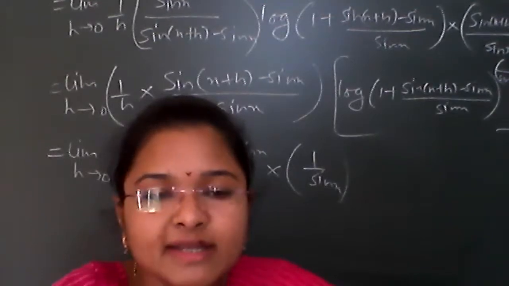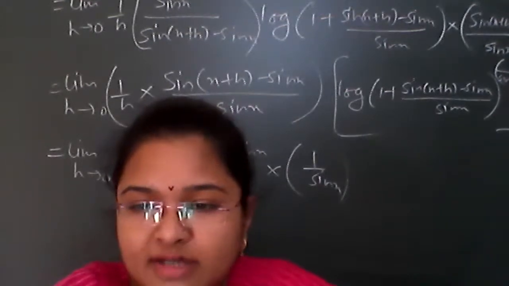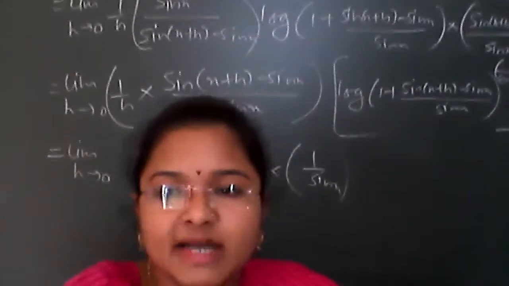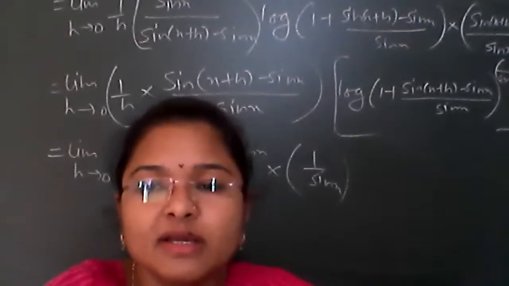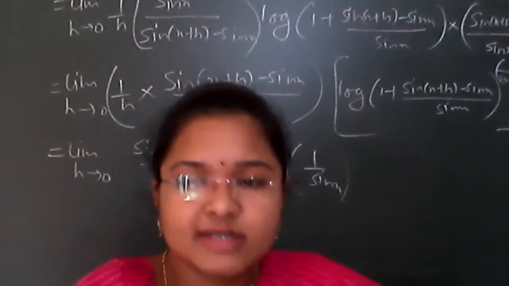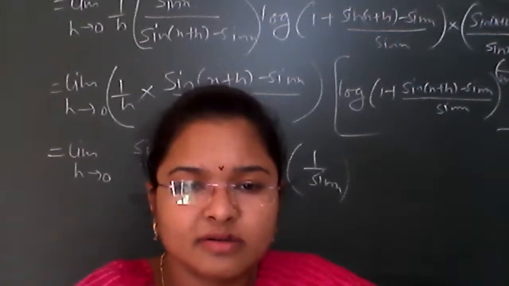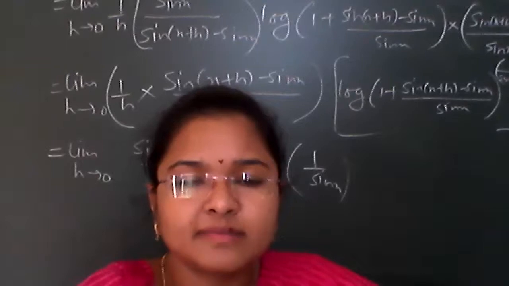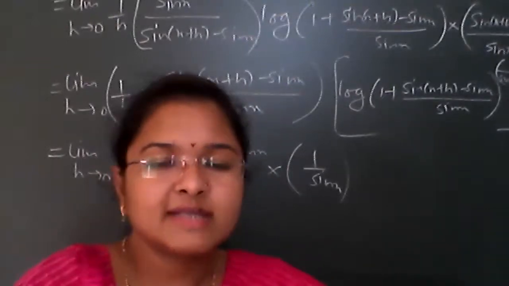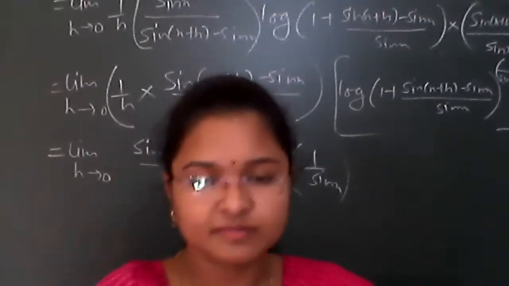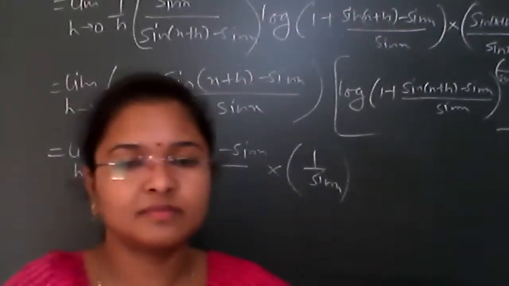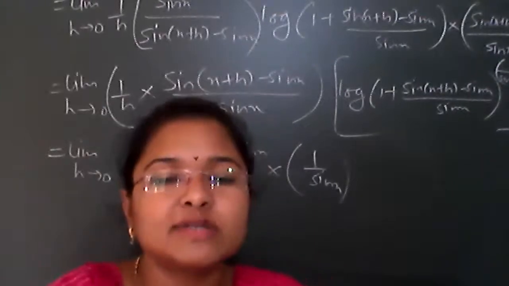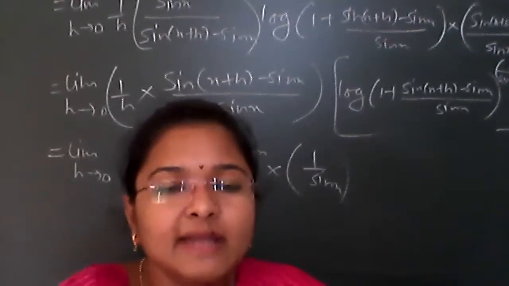Sin A minus sin B equals 2 cos((A+B)/2) into sin((A-B)/2).